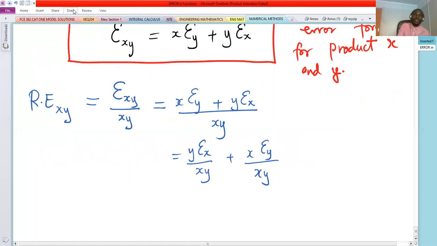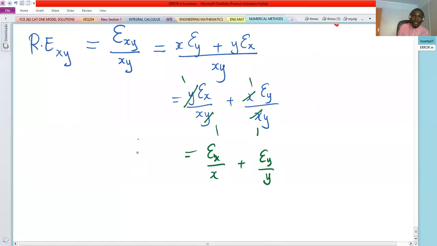And this should be very obvious that this y and this y cancel out, this x and this x cancel out, so that we have error in x over x plus error in y over y. So this is the relative error in x times y.